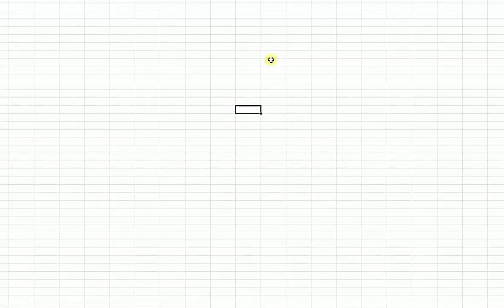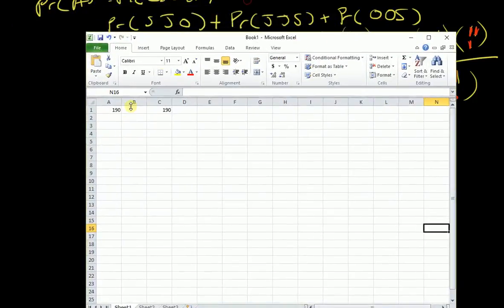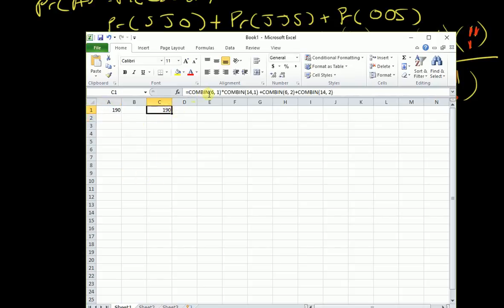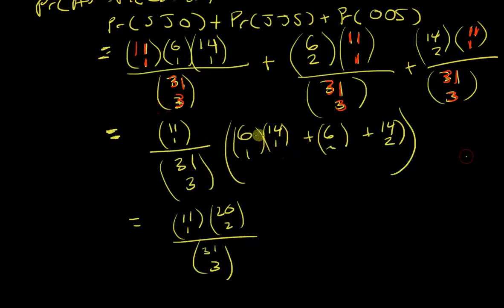Let me show you this in Excel. Use the formula equals COMBIN, which is combinations. 20 choose 2 is 190. And if you add up 6 choose 1 times 14 choose 1, plus 6 choose 2, plus 14 choose 2, you also get 190. So these are the same thing.